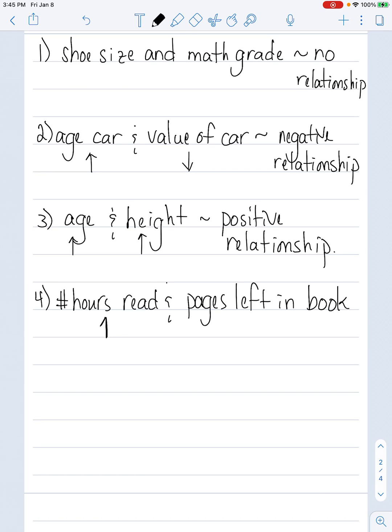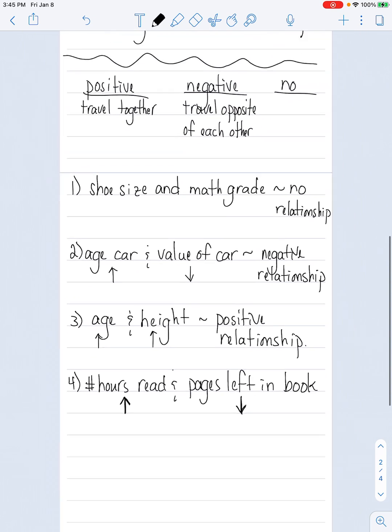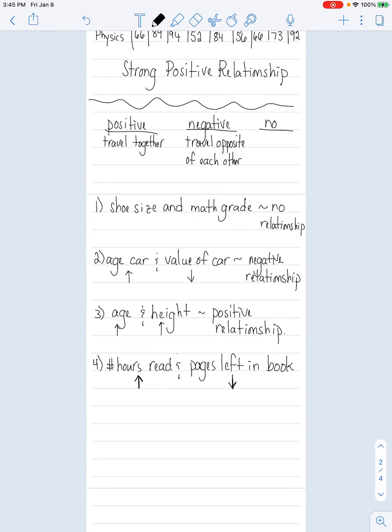So the more I read, so if the number of hours I read increases, will the pages left in the book increase or decrease? Well, they go down because the more I read, the less I have left. And again, I want you to use your notes to help you. Travel opposite of each other. So this represents a negative relationship.